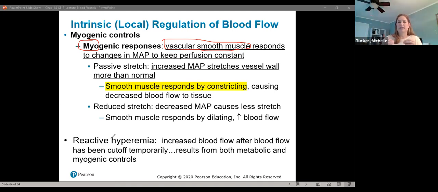So if we're looking at metabolic, let's say we're exercising and we're producing a lot of carbon dioxide and hydrogen ions, that stimulus is vasodilation. So usually we go, okay, let's vasodilate and perfuse this tissue. But after that need is done, it will go back to that middle level.